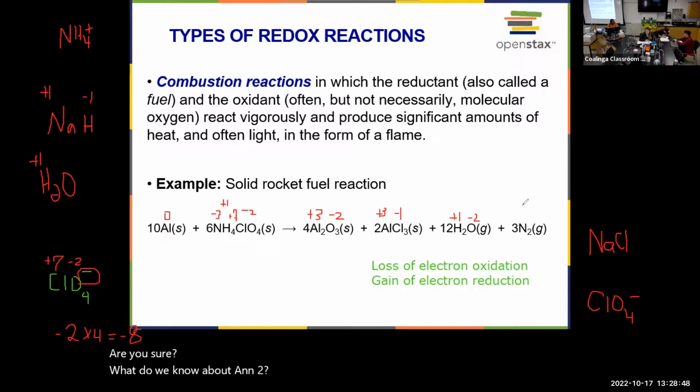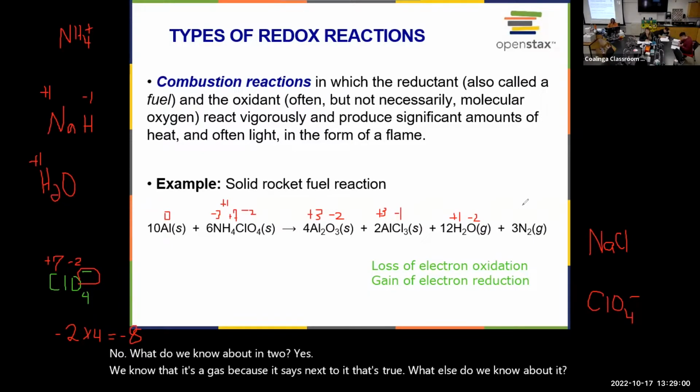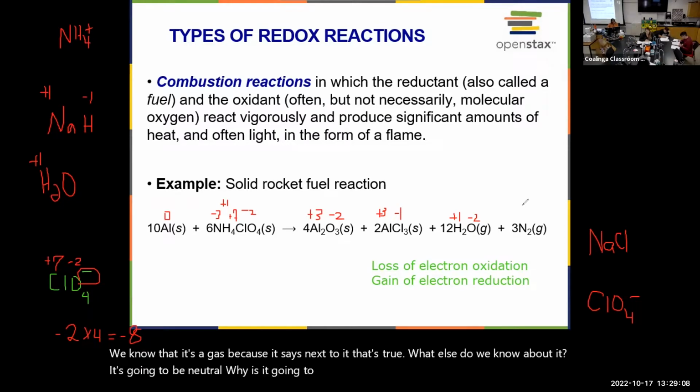Well, we know that it's a gas because it says G next to it. That's true. What else do we know about it? It's going to be neutral. Why is it going to be neutral? It's a covalent bond with itself. Okay, and that's called what?